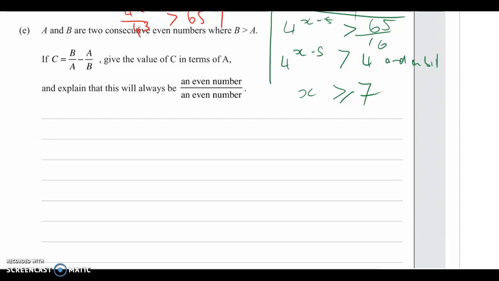Okay, so if C is B over A minus A over B, give the value of C in terms of A and explain that this will always be an even number over an even number. Okay, so there's 2 things going on here. We just want C in terms of A only.